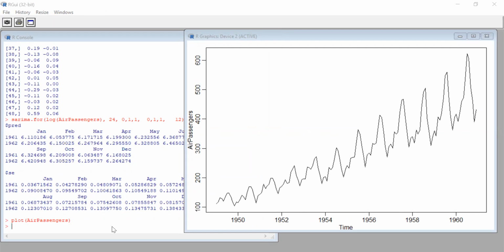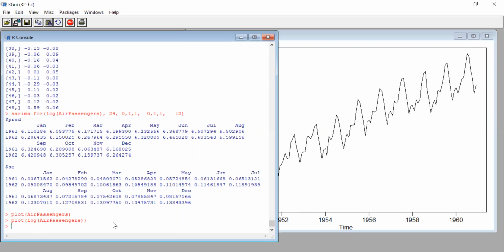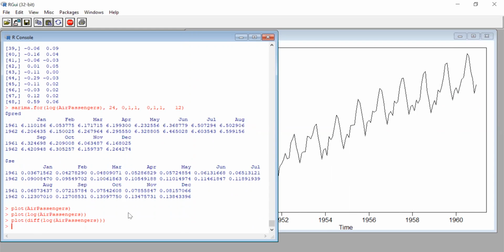And also, then I can suggest to you, take the log transformation, plot the log-transformed data set, and then ask you, what do we need? Then you can answer, we need to take the difference because it is increasing. It's like that, right?